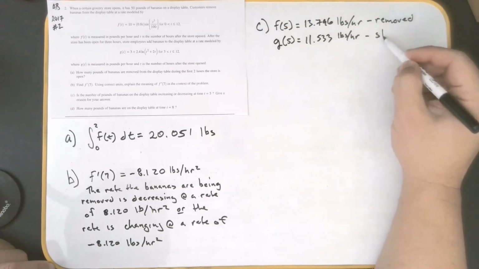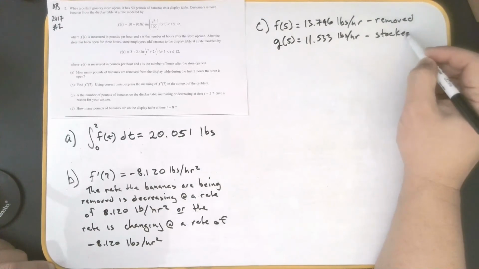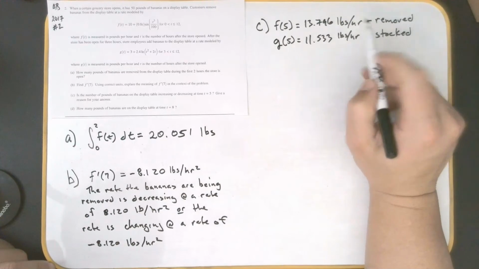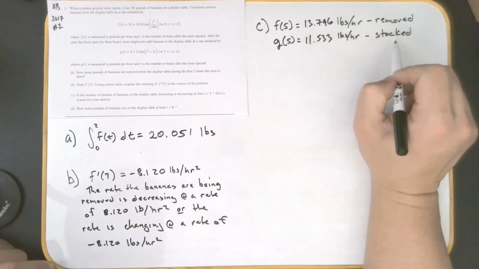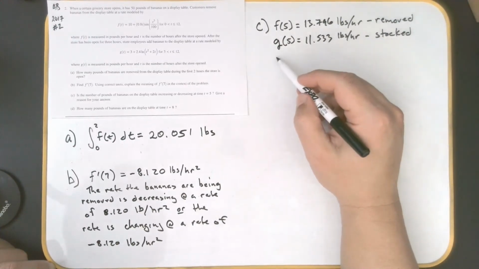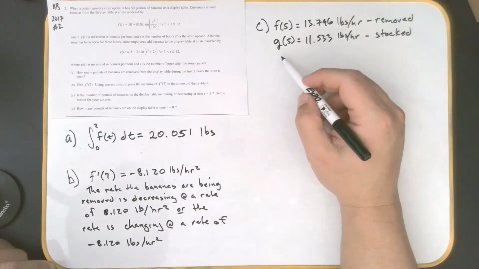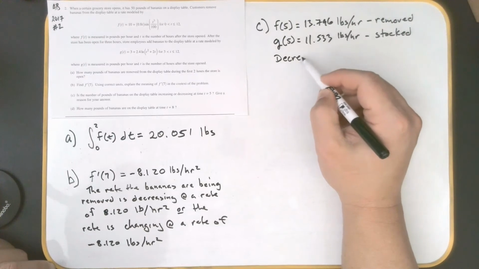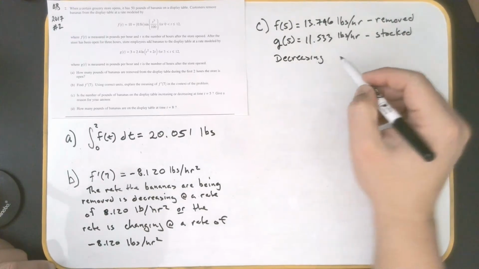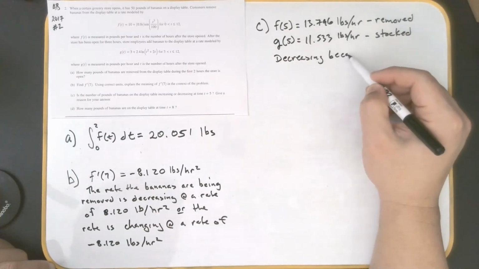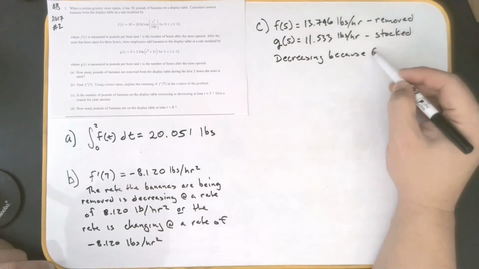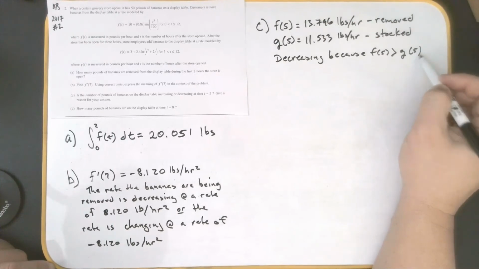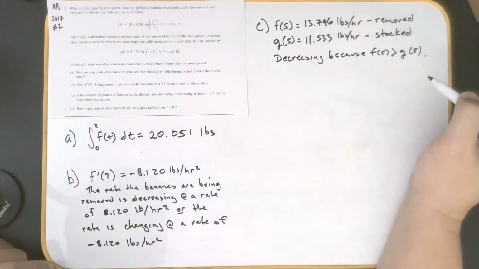So I'm just going to put the word stocked, so the table is filled back up. So as you can see, there's more being removed than there are being stocked. So it looks like the number is decreasing. So is the number of pounds of banana in the display table increasing or decreasing? I'm going to say decreasing, because f of 5 is greater than g of 5. The amount being removed is greater than the amount being stocked.